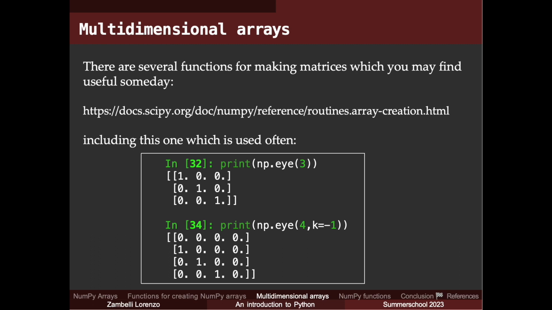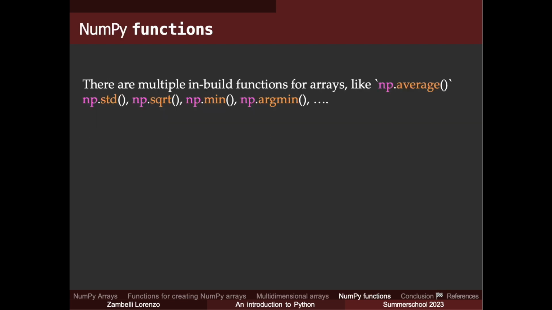We can also make an identity matrix that has the ones moved to other diagonals. For k equal to -1, we are using the diagonal below the center. If you use k equal to +1 it is the one above, +2 is the one above that, and so on. A nice function, just have a look at it.